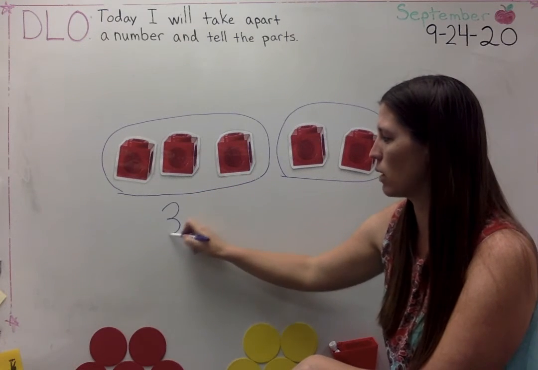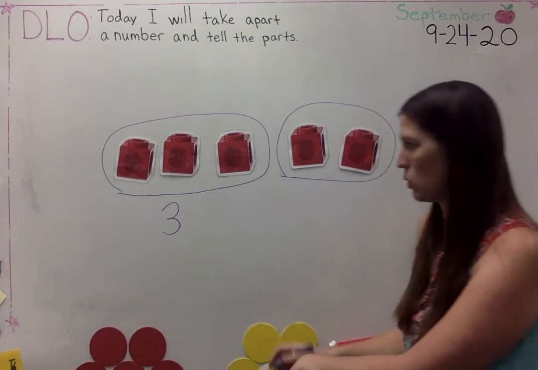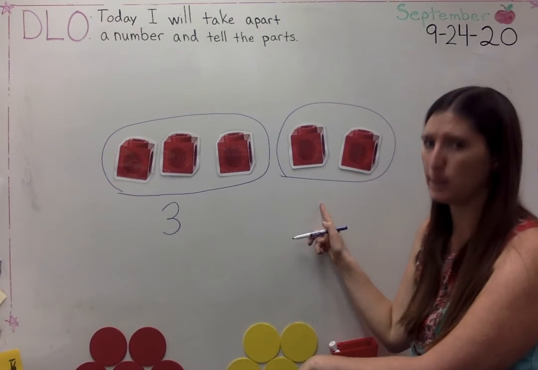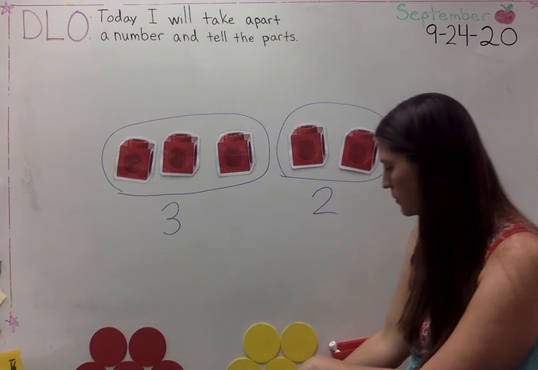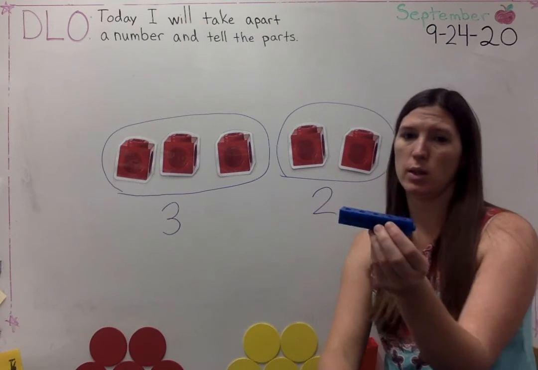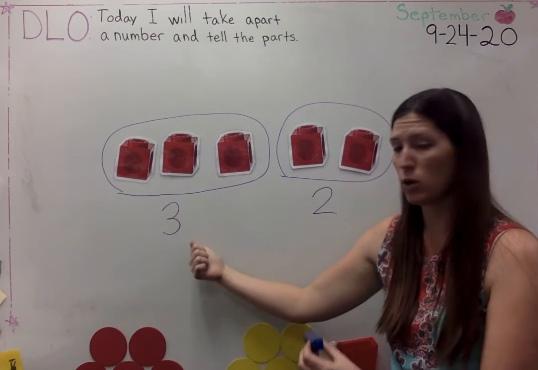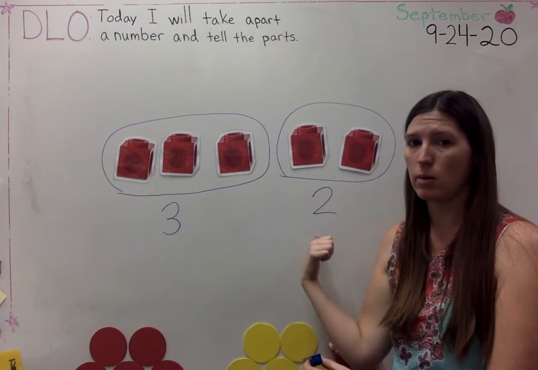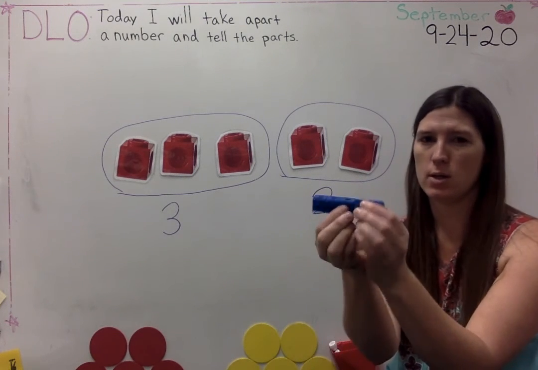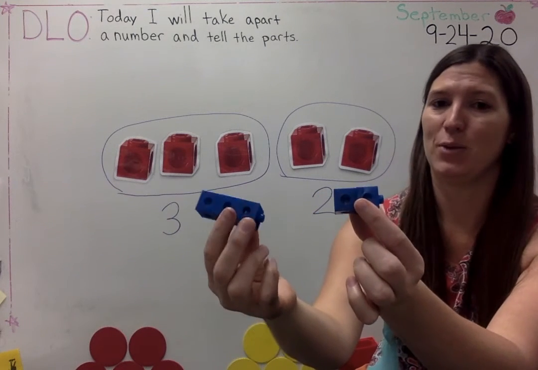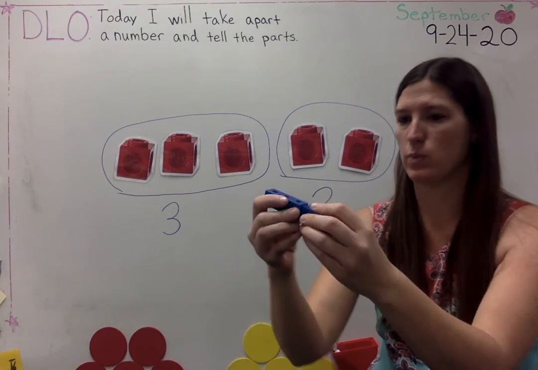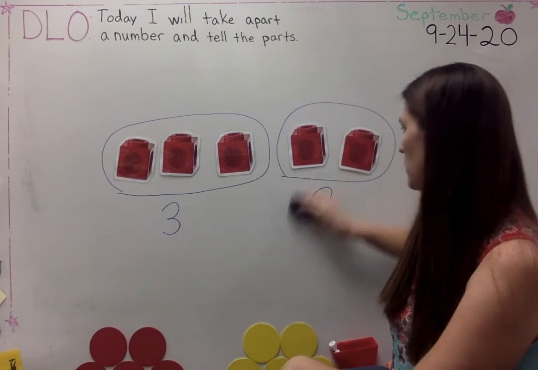Around the tree, around the tree. That's the way you make a 3. How many are in this group? Let's count. 1, 2. Candy cane foot. Get your cubes. Let's break it apart to look like this. How many are in our first group? 3. How many in this group? 2. Break it apart. I'll zoom in. 3 and 2. Good. Erase, erase, erase.